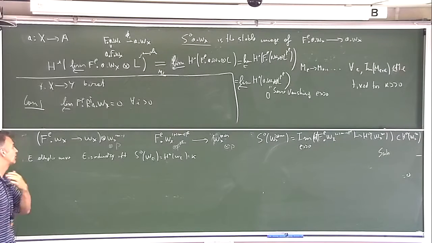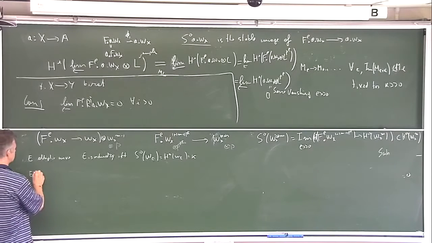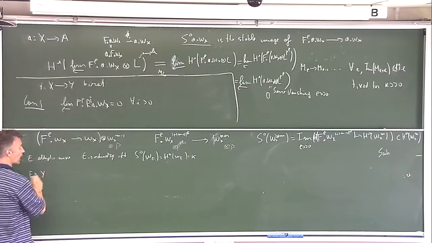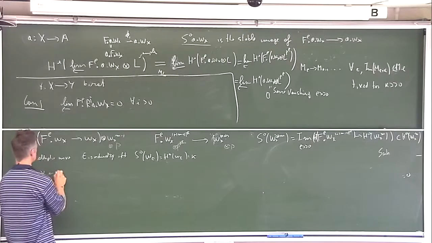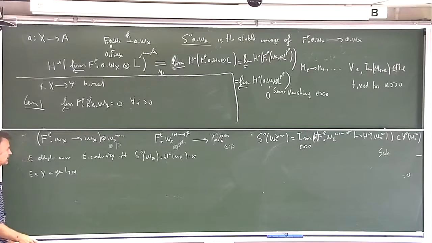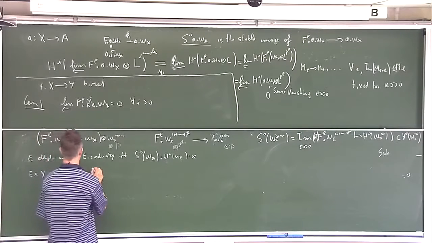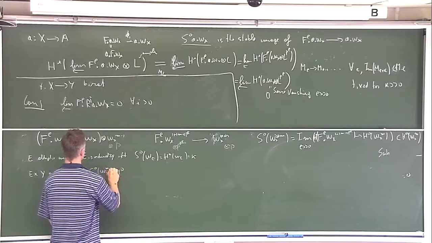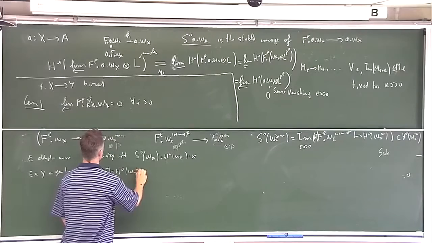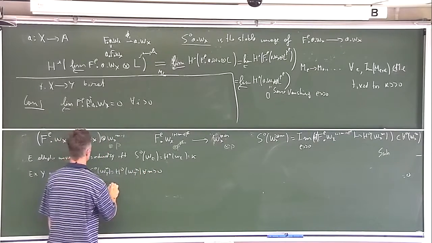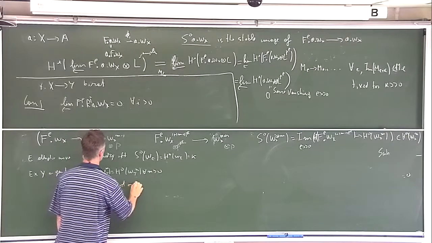Okay, so now that tells you that you can take E times any variety Y of general type, and maybe you could assume that S0 of omega_Y to the m is equal to H0 of omega_Y to the m for every m greater than 0, or you could assume that E is not ordinary.